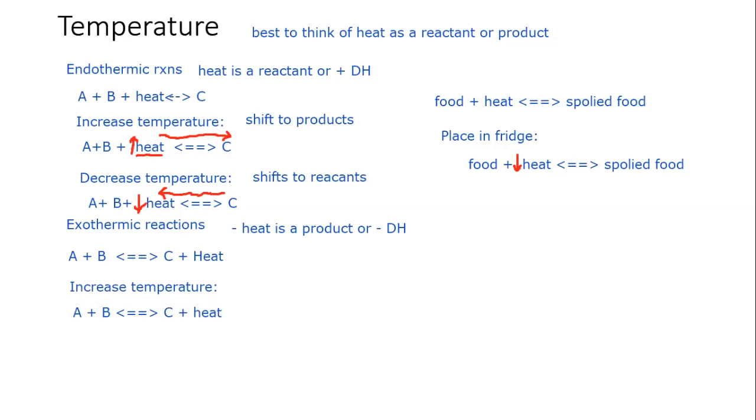In an exothermic reaction, heat is a product. If we increase the temperature, so we're adding heat, it means we're adding a product. And as we learned about in the previous slides, when you add a product, it's going to shift to reactants. So it shifts to reactants.